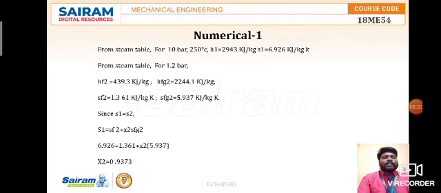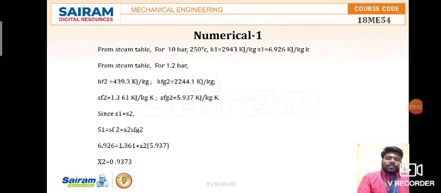We need to find out the final dryness fraction, because the steam at 1.2 bar is understood to be wet steam.